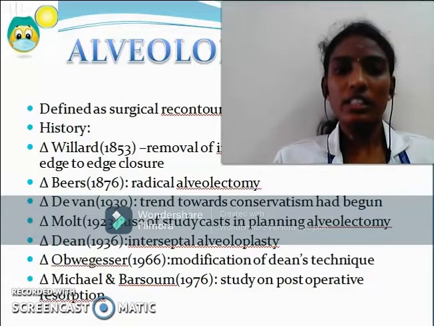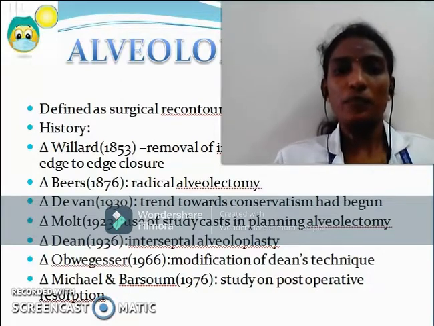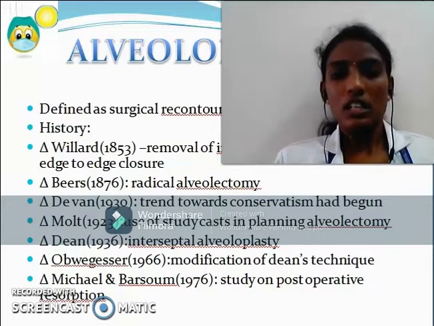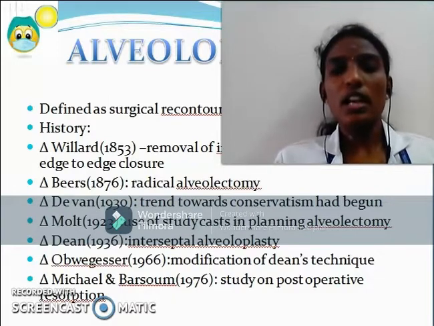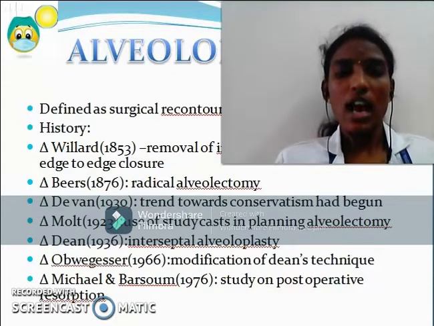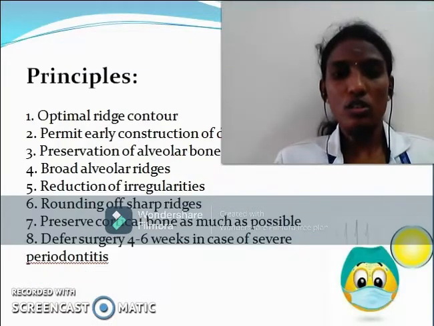Devon in 1930 tended towards conservatism. Moulton in 1923 used the study cast to plan the alveolectomy, and Dean in 1936 performed intraseptal alveoloplasty. Obwegeser in 1966 modified Dean's technique, and Michaels and Barsoum in 1976 studied the postoperative resorption.